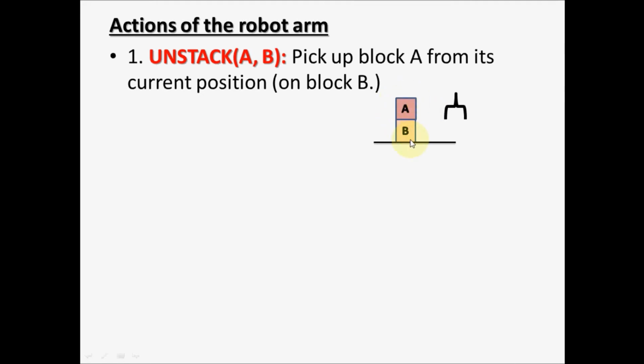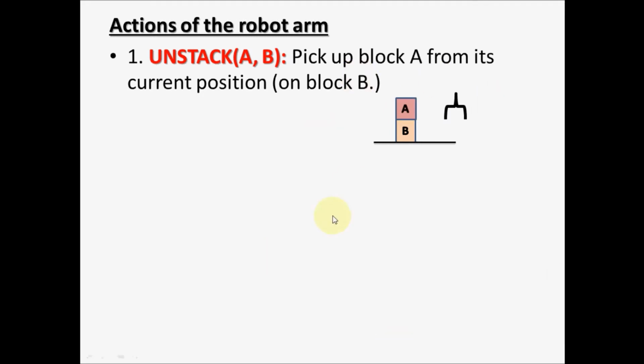There are two blocks, block A and block B. Block A is residing on top of block B and the robotic arm is empty. The unstack action is the one wherein the robotic arm will pick up this block A which is currently on top of block B. That is called the unstacking action.